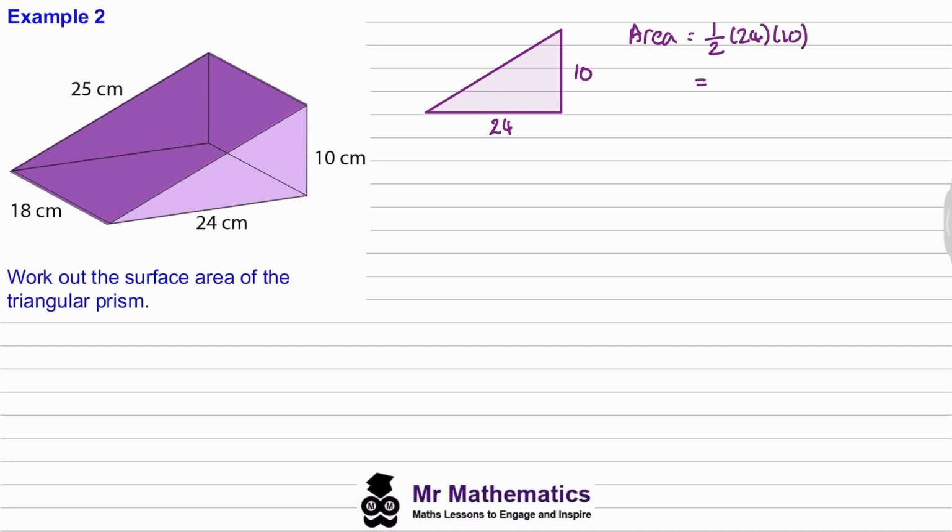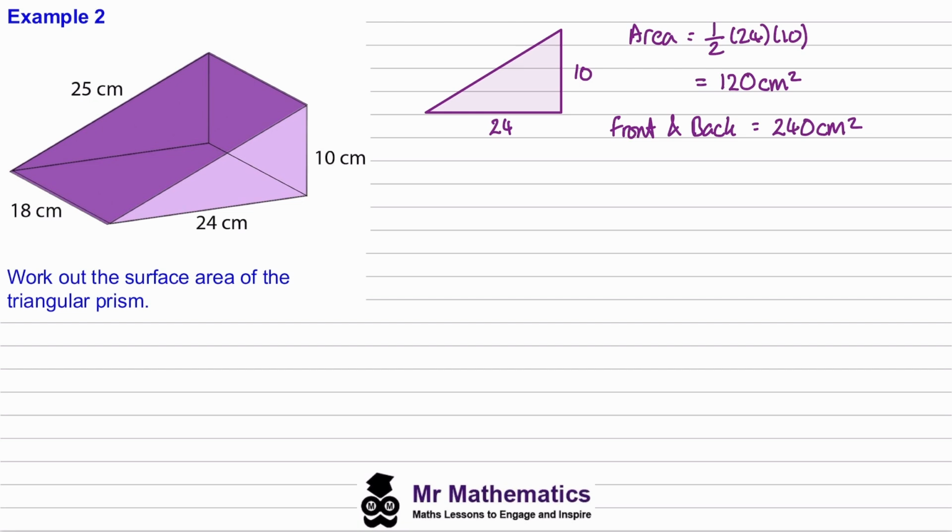So this will give us an area of 120 centimeters squared. But we know the back will have the same area, which is this triangle here. So the front and the back will have a total area of double this, 240 centimeters squared.